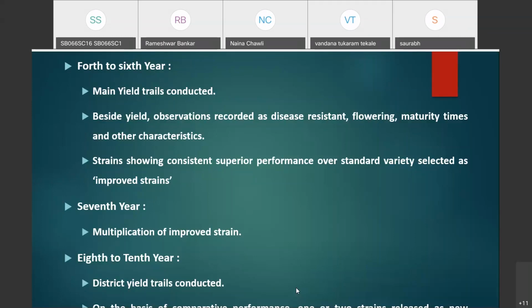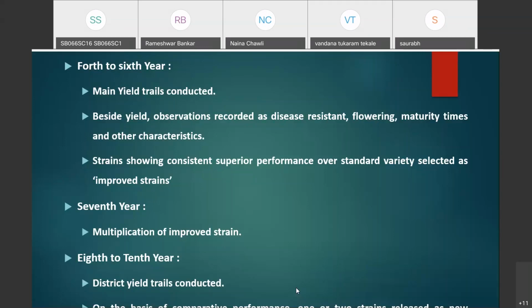Their performance is then reported to the plant breeder, and in the 10th year, the breeder, on the basis of their comparative performance, releases one or two strains as a new variety. He gives the name, multiplies the seeds of that strain, and the seeds are provided to the farmers for commercial cultivation.